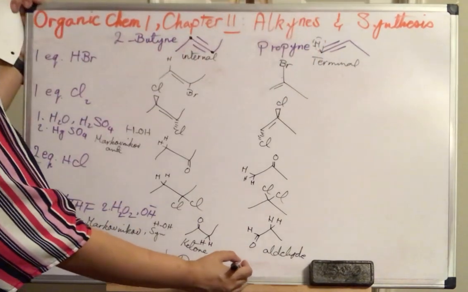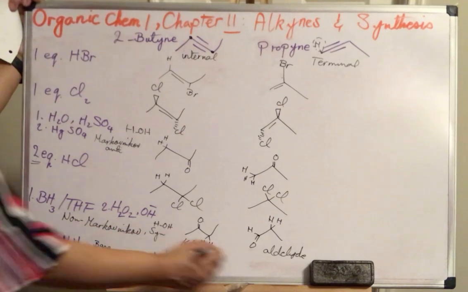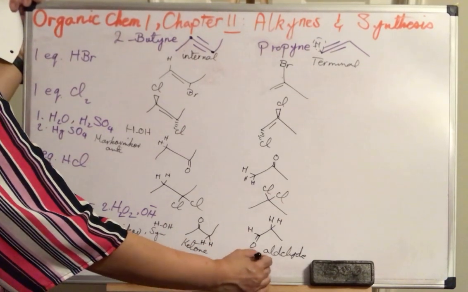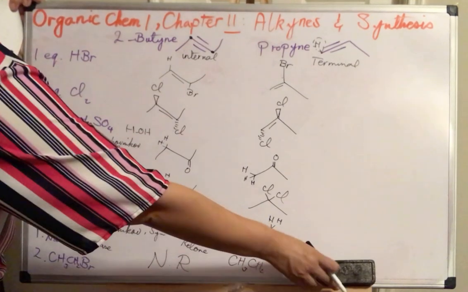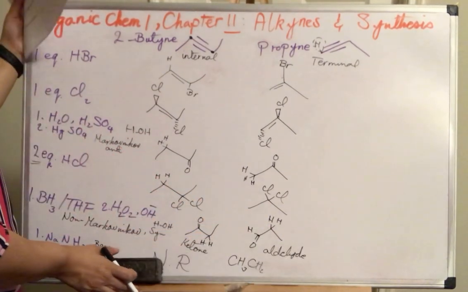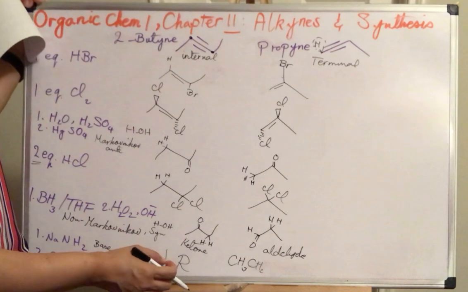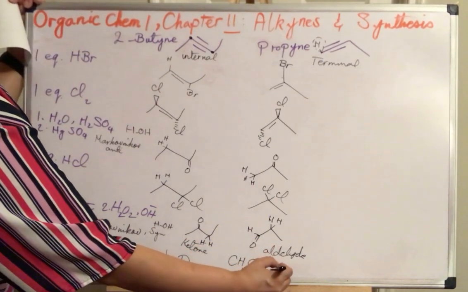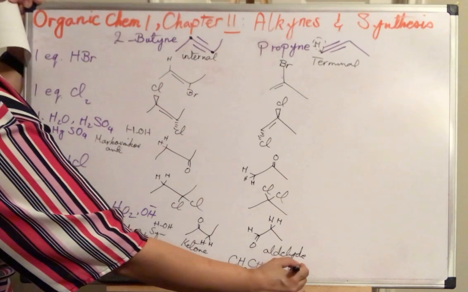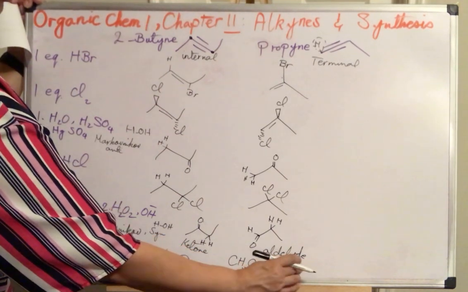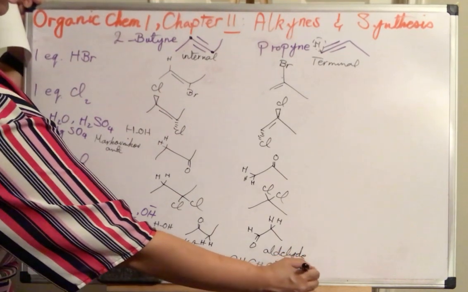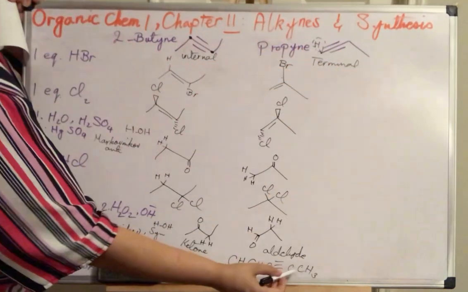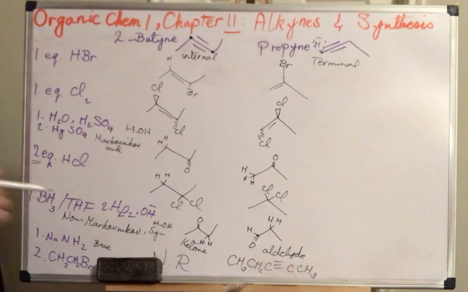So let's remove that first and then add it to CH3CH2Br. So we have CH3, CH2, and then we have C, CH3, right? This is what is left from here. So 3 carbons, and 2 carbons here.